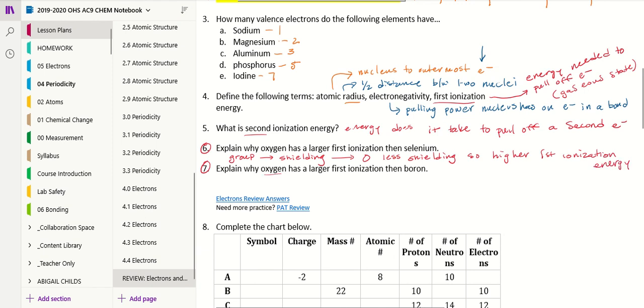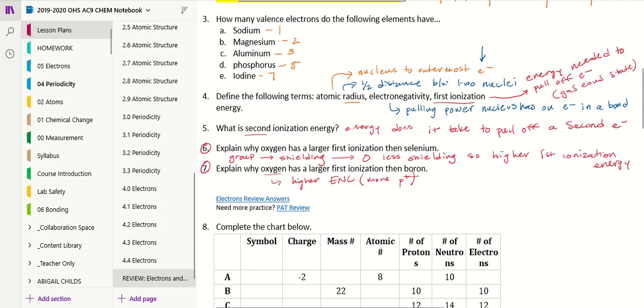What about oxygen in comparison to boron? Oxygen in comparison to boron. So, oxygen and boron are in the same period. What does that mean? What does oxygen have more of? Higher effective nuclear charge, which basically means more protons.